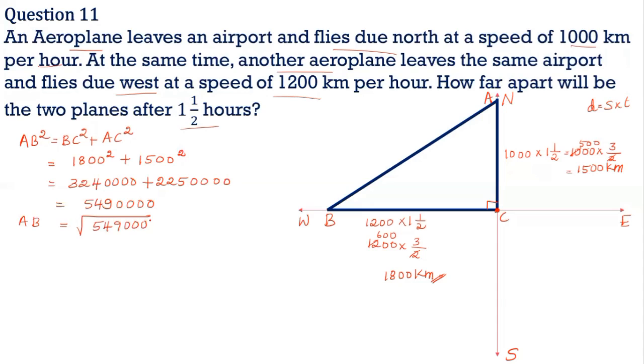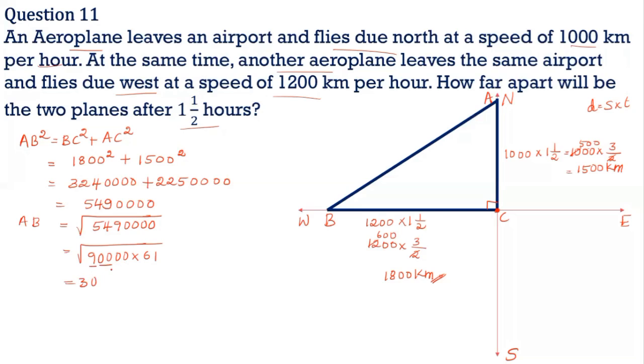Now 549 is divisible by 9. So we can write 54,90,000 as 90,000 into 61. 90,000 is a square number. Square root of 9 is 3.